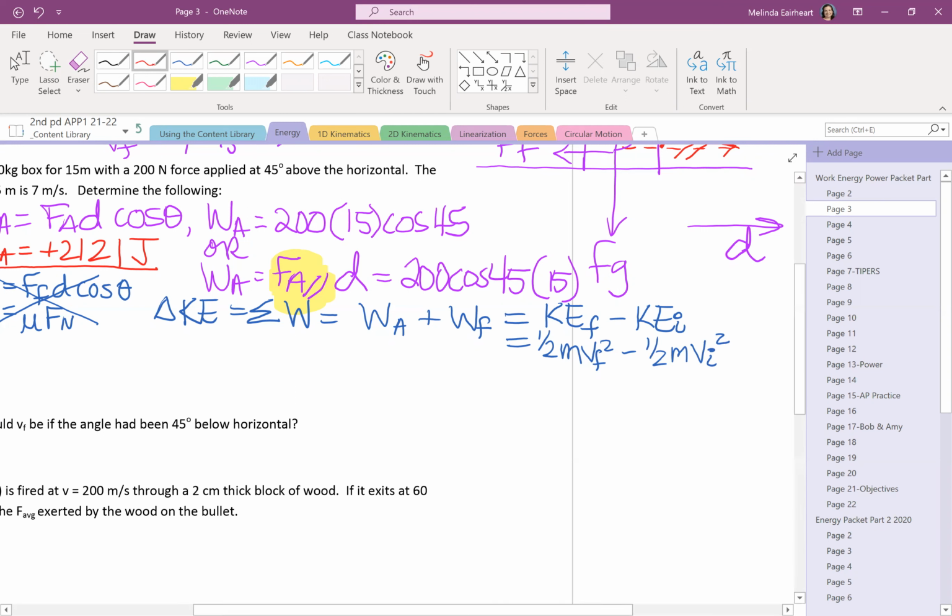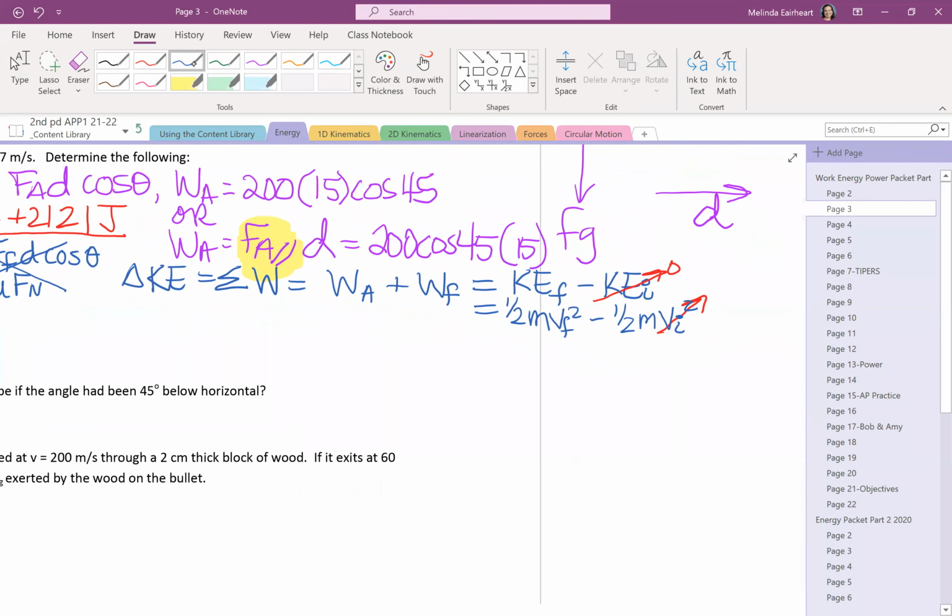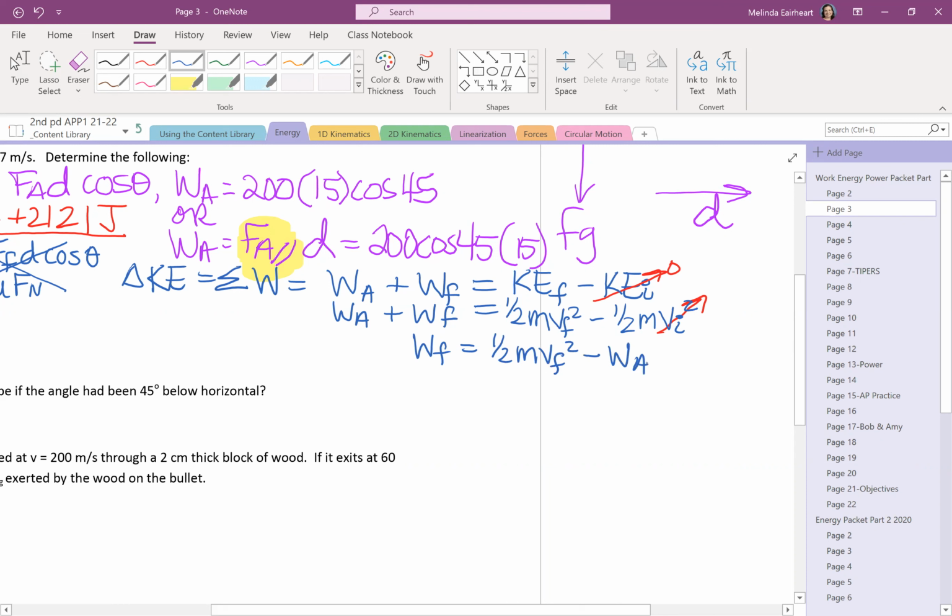So if you have 0 initial speed, what's your initial kinetic energy? 0. So that whole thing zeros. And so we can use this step to get our final equation. WA plus WF equals that final kinetic energy. How do I solve for WF? I've got to subtract the work done by the applied force from both sides, which we found in part A.